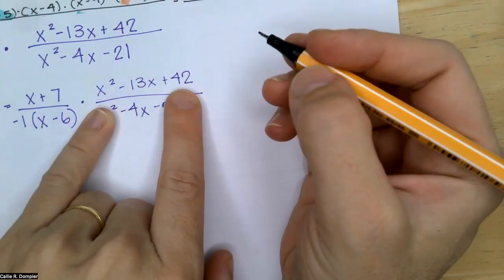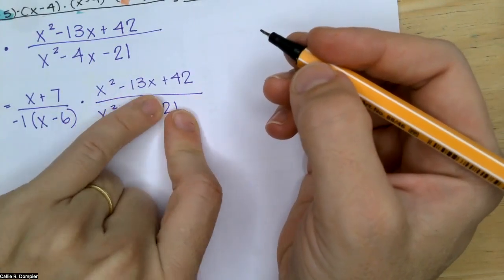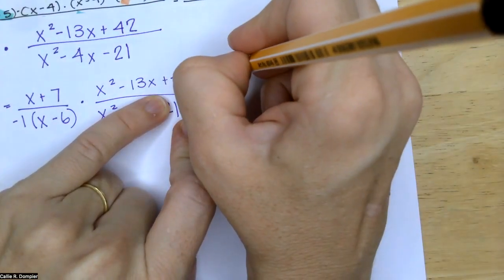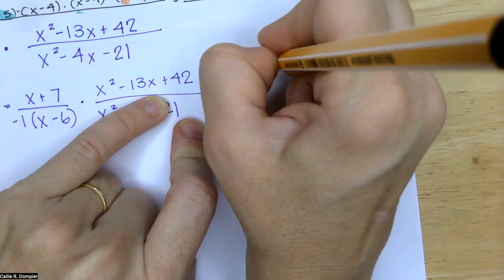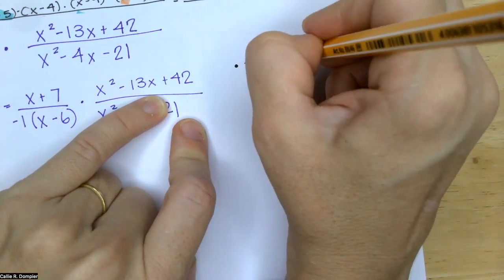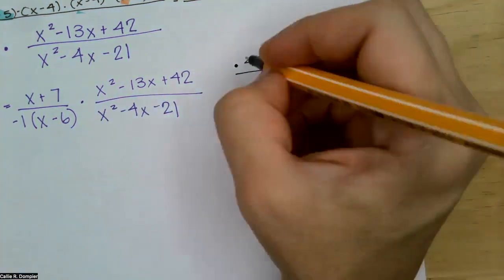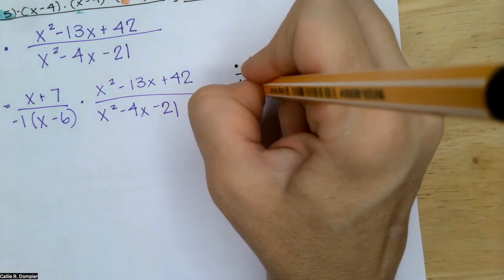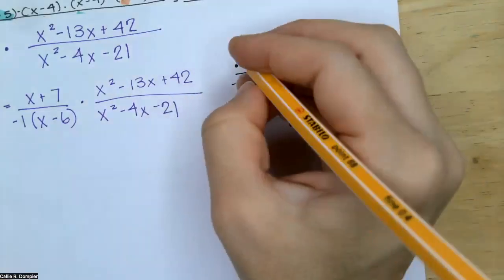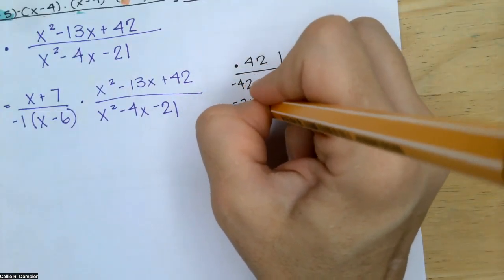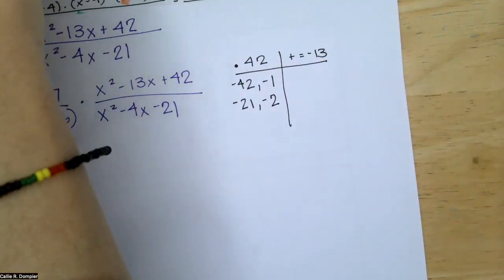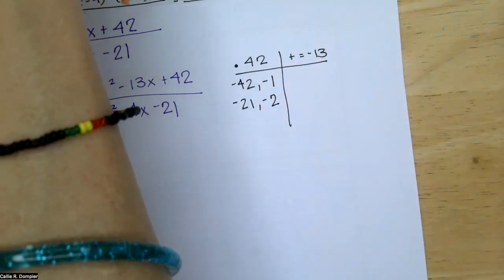All right, here, a is 1, b is negative 13, c is 42, so we want two terms that multiply to 42, but that add to negative 13. So what are the negative factors of 42? Negative 42 and negative 1, negative 21 and negative 2. 42 divided by 3 is 14.